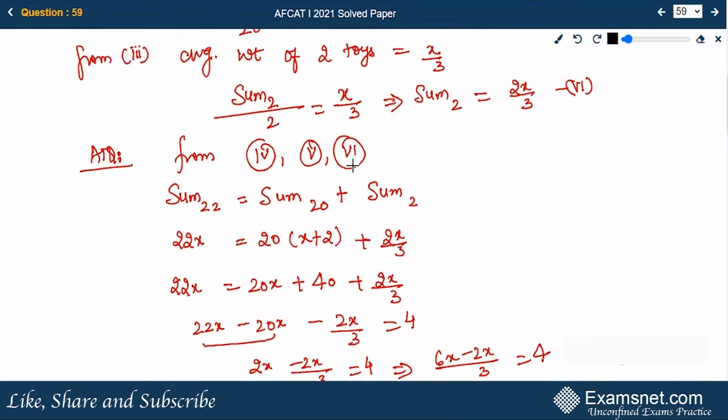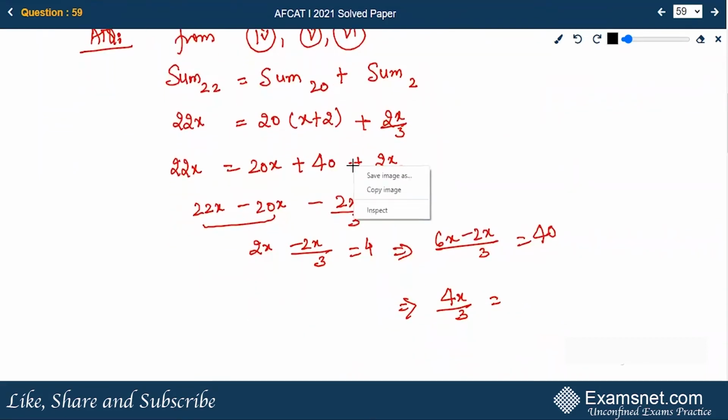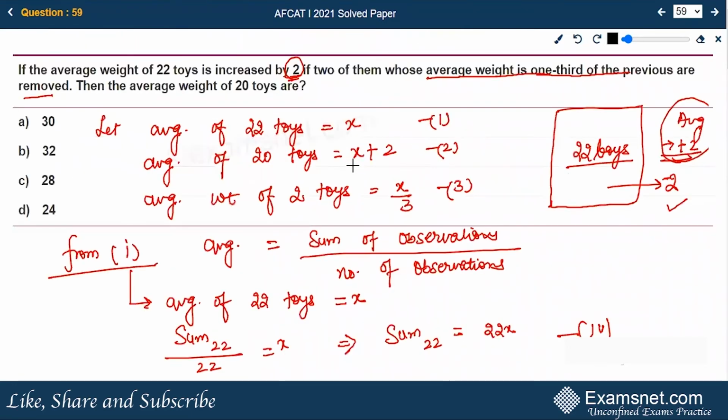Just a minute. So it was 40 over here. Sorry. Which gives you 4x upon 3 is equal to 40. X is equal to 40 into 3 upon 4, which gives you 30. So the average of 22 toys came out to be 30.